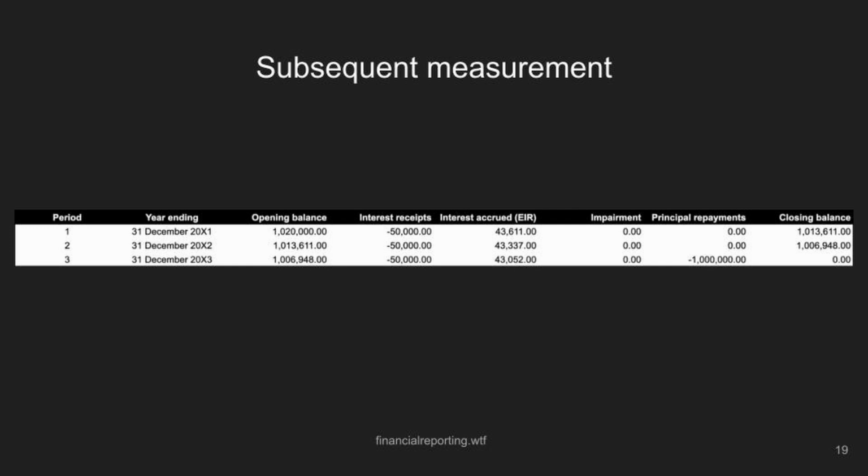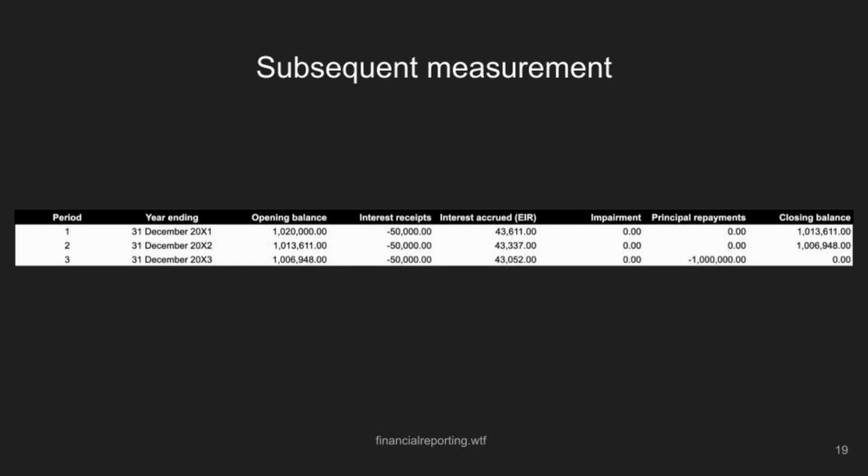We can start with the initial measurement as calculated prior. We know from the scenario facts that $50,000 of interest is receivable each period. This is the cash amount received through holding the instrument. We can then calculate the interest accrued based on the effective interest rate. Without going into too much detail, this is essentially the amount received as cash interest from the instrument, with an adjustment to it being an amount of amortization of the transaction costs.